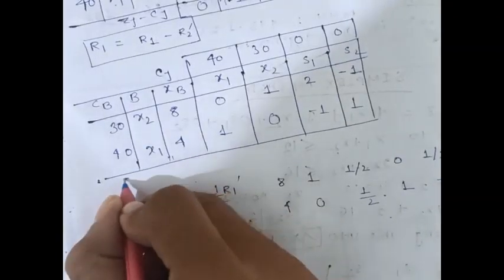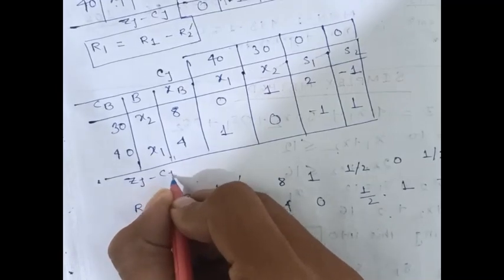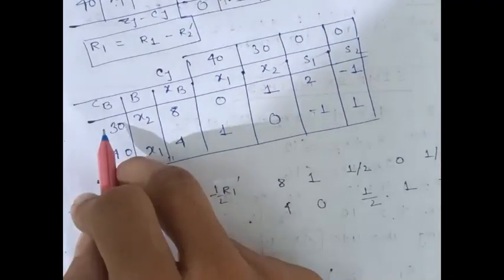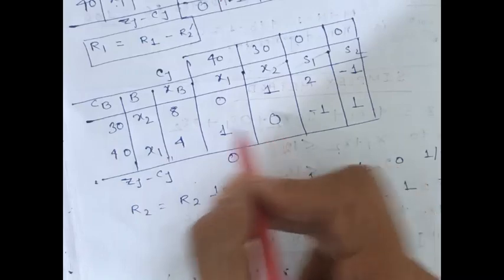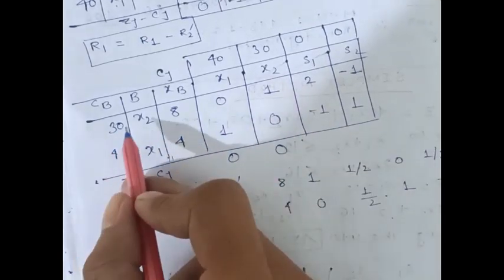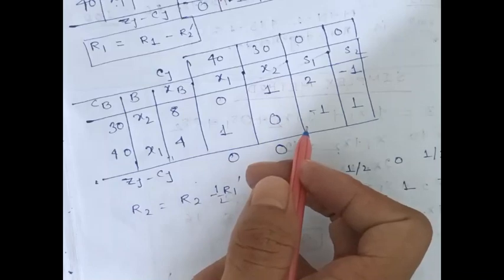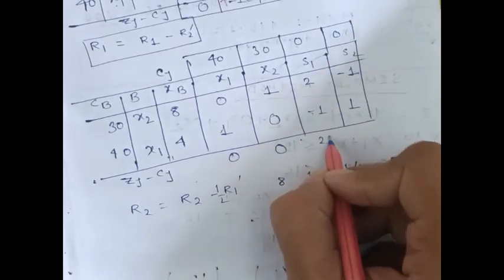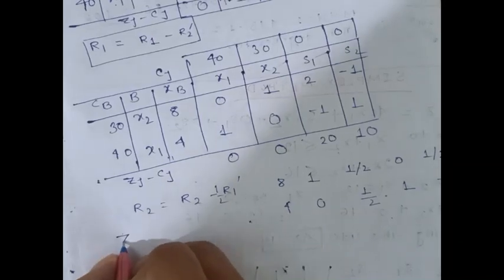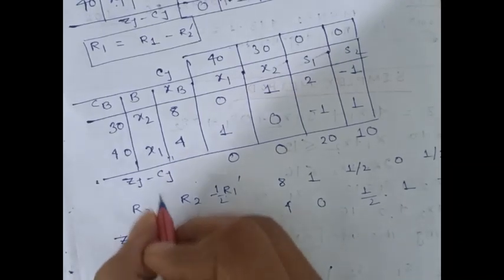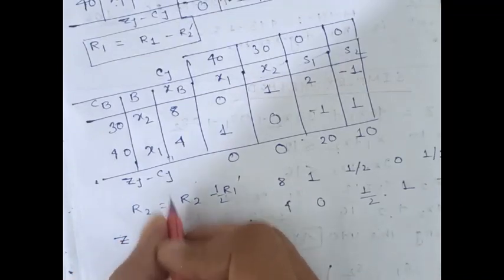So again we will calculate zj minus cj. It is 30 into 0, 0, 40, 40 minus 40, 0, 30 into 1, 30, 40 into 0, 0, so 30 minus 30, it is 0, 30 into 2, 60, and 40 minus 40, so 20, 20 minus 0, 20, and 40 minus 30, 10, it is 10. Okay, and z is equals to CB into XB.